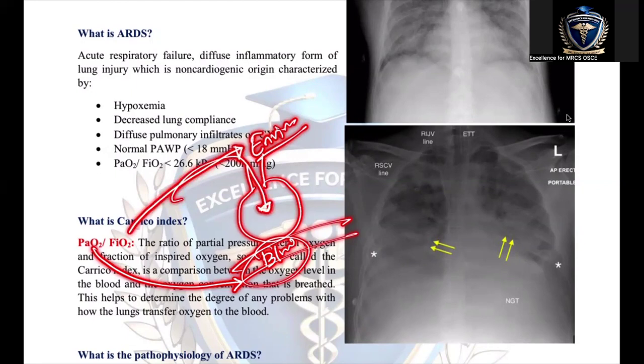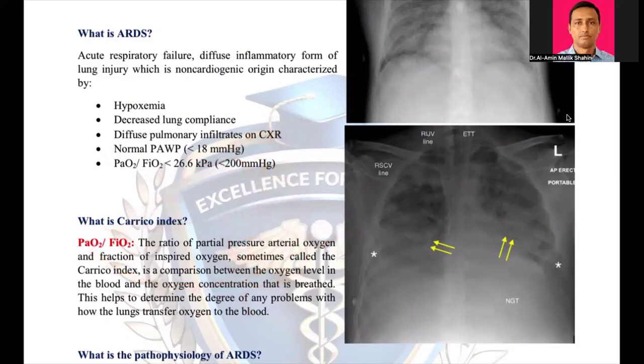So the ratio shows how much air has come into the alveoli and how much oxygen has come to the blood. If there is any abnormality in this portion, oxygen won't be able to come into the blood. Normally the ratio is more than 400. If there is any obstruction, no oxygen comes to the blood, so the ratio quickly drops.